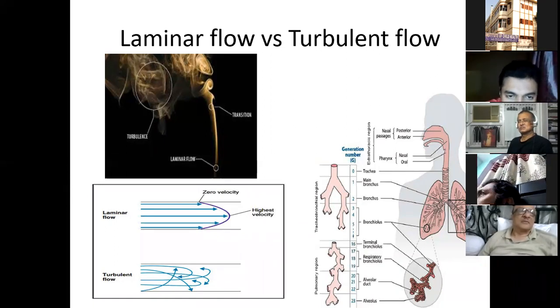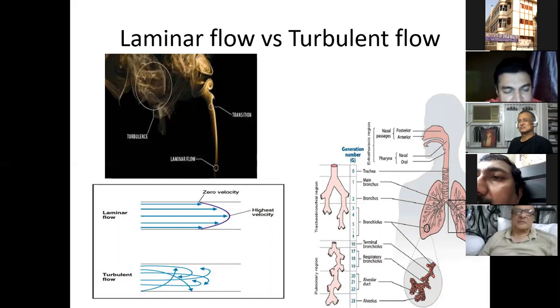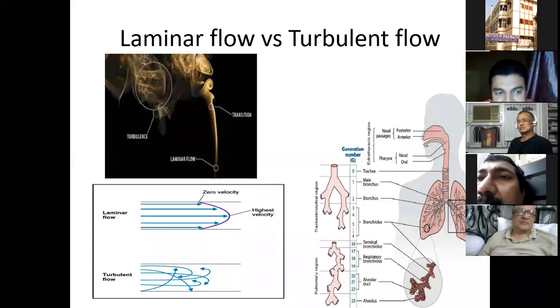Babies are getting all right. I have seen many bronchiolitis with respiratory rate 50, 60, 70, and they recovered and went home. So how does it happen? Probably that laminar flow in the lower airway is the answer.